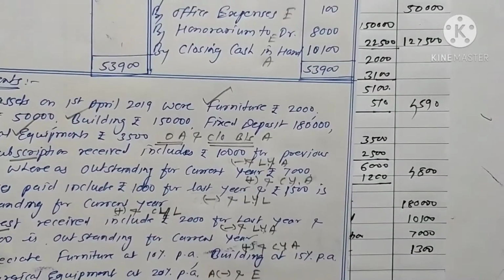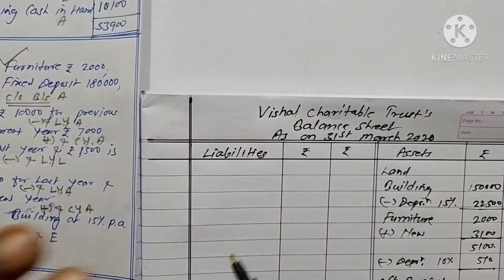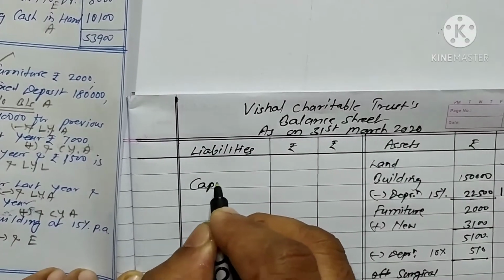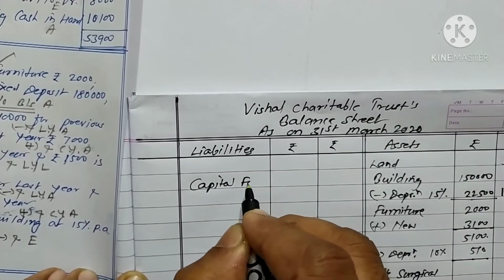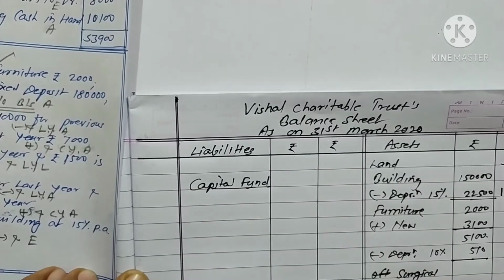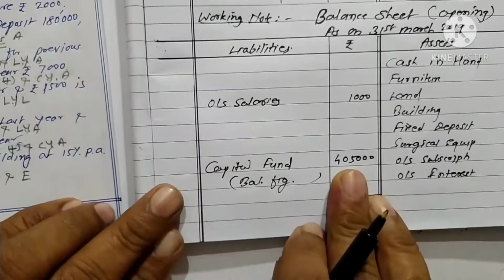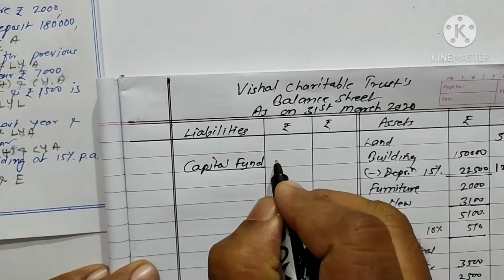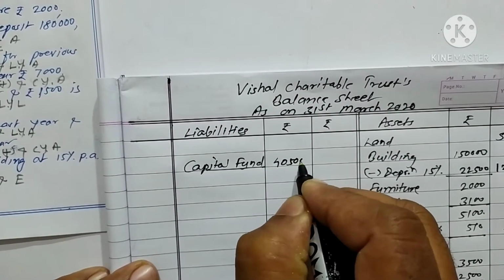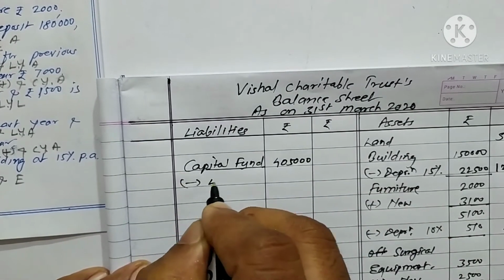Okay, now we go to the liability side. First we write the capital fund. Capital fund rupees 4,05,000. Write in inner column 4,05,000. We have to subtract deficit.